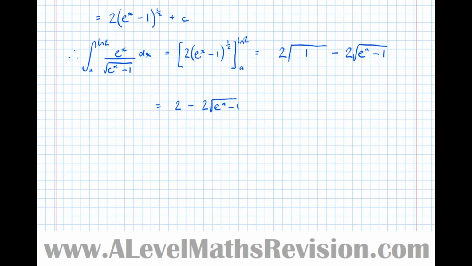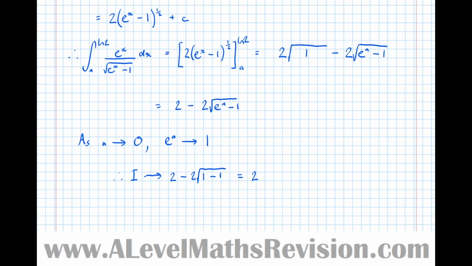So we now need to think about showing the limiting process. So a replaced 0 because 0 made the integral improper. So as a approaches 0, we find that e to the a approaches 1, e to the 0 is 1. Therefore, the value of the integral I approaches 2 take 2 root of 1 minus 1, which is equal to simply 2.